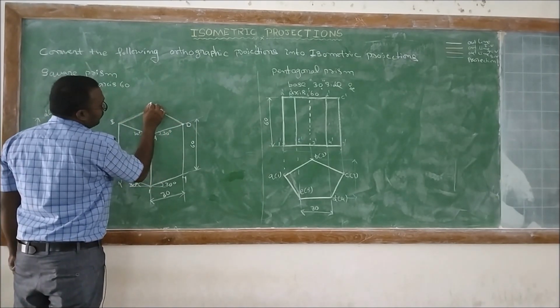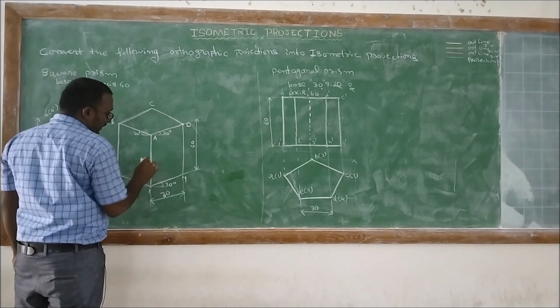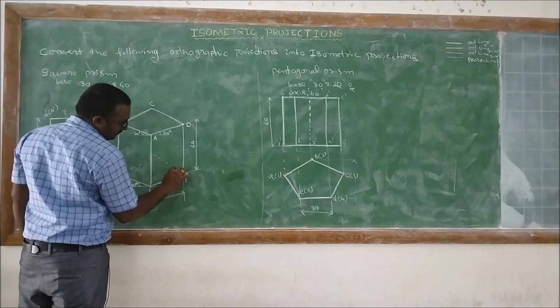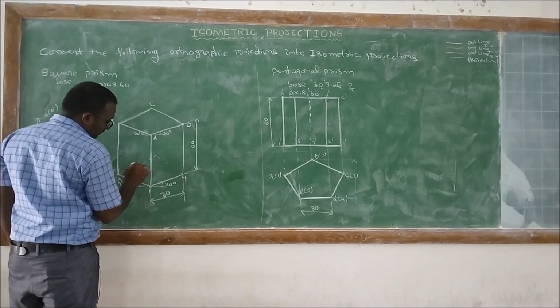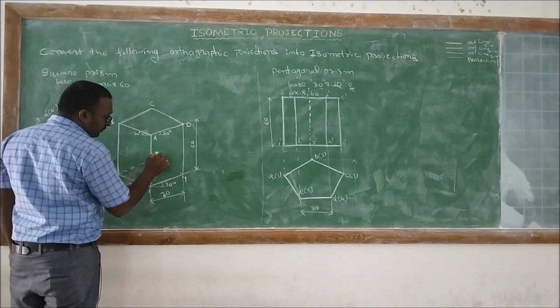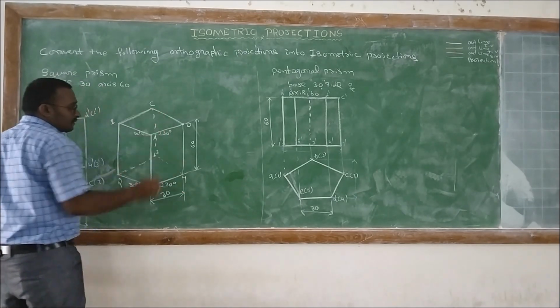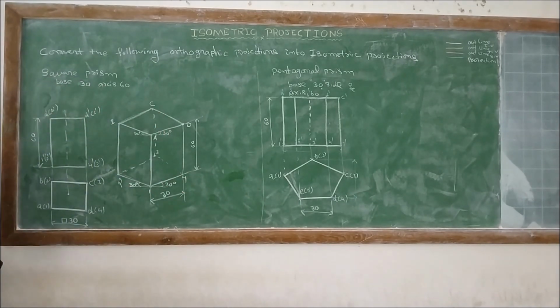So here B, C, D, A, and then we will have a 1 2 3 4, right? So this is the isometric view of the given square prism.